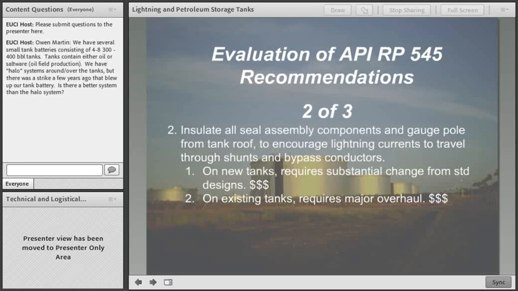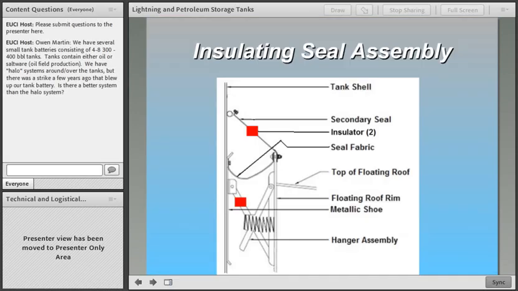Number two, insulate all seal assembly components. Again, since we're doing a major overhaul to components below the roof, we need to send workers below the roof, which requires special breathing apparatus and all that stuff. Again, this is a substantial change from standard designs and would be very expensive for new and existing tanks.